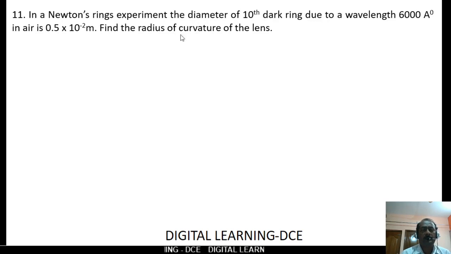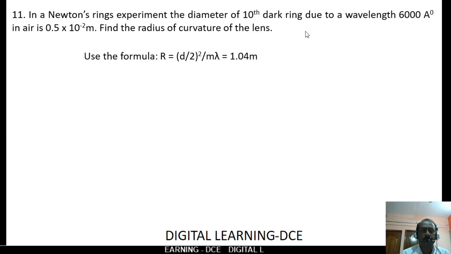In a Newton rings experiment, the diameter of the 10th dark ring due to wavelength of 6000 angstrom in air is 0.5 into 10 raised to minus 2 meter. Find the radius of curvature of the lens. For the dark ring condition, use the formula R equals (d by 2) whole square upon m lambda.